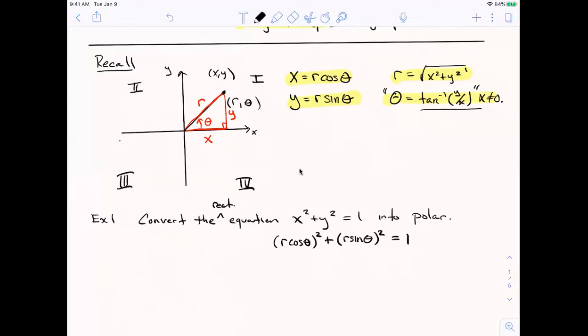Having done that, my equation looks like that. And then, this is always easy to say, sometimes hard to do, solve the equation for r. In this case, I'm going to square these two terms: r squared cosine squared, r squared sine squared. I'm going to factor out an r squared.